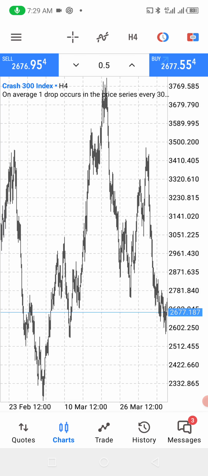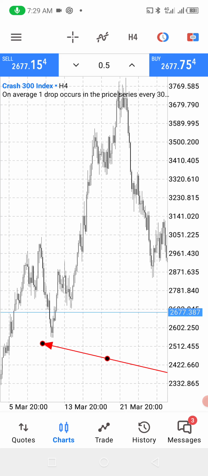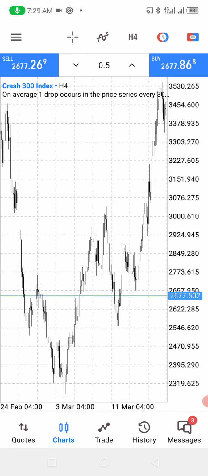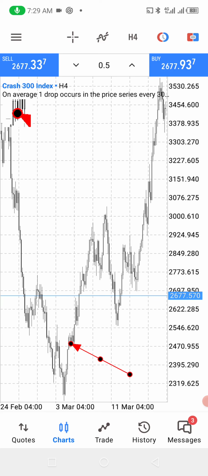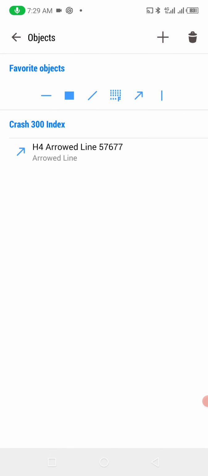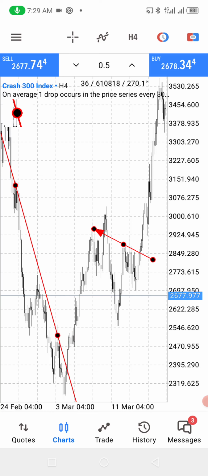How do you know that it is uptrend? In uptrend, you can easily notice that the market is making higher highs. Okay, that's what you notice in uptrend. And for an uptrend to exist, there must be a downtrend that has completed.